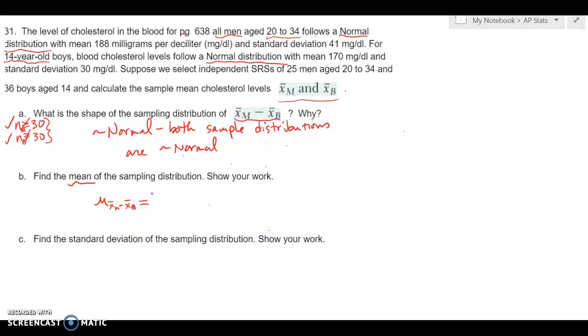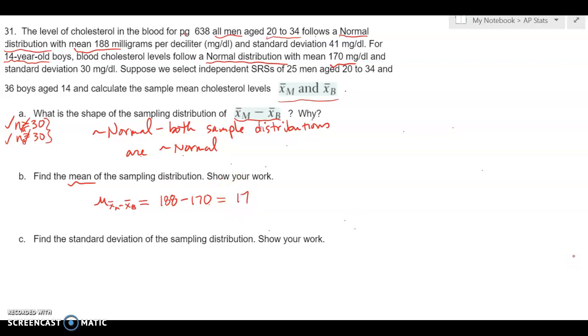we just take the two individual sample means. So we've got 188 for the men and 170 for the 14-year-olds. And the sampling distribution of differences between the two is just simply the difference between that.